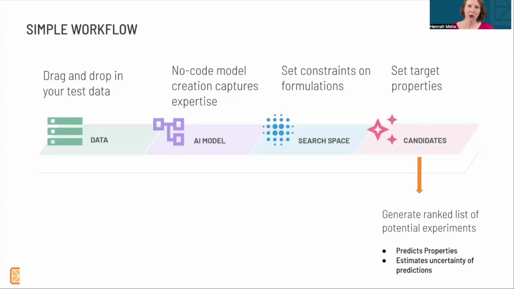So it predicts not only the properties, the target properties that you're interested in, and screens them based on your targets, but it also looks at the likelihood of success.